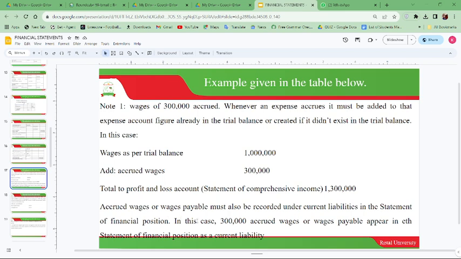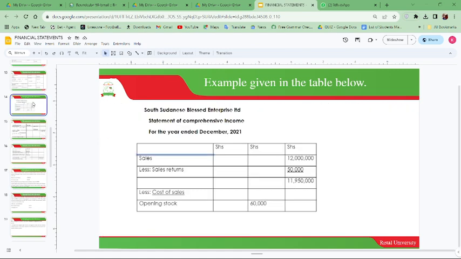So under the statement of financial position, we shall record only accrued expenses. Accrued wages or wages payable appear in the statement of financial position as a current liability.